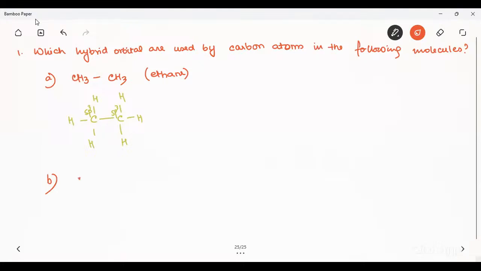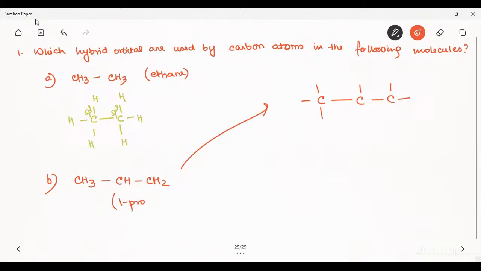Second is CH3-CH=CH2. So how will this look like? CH3, CH and CH2, right? This is called 1-propene.